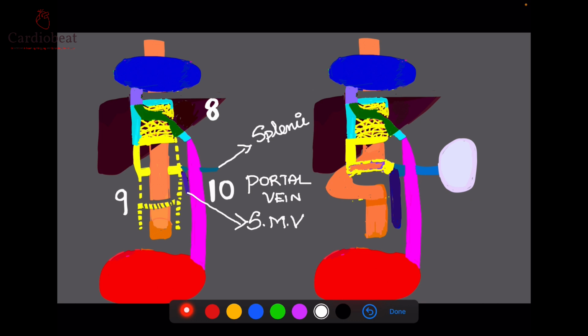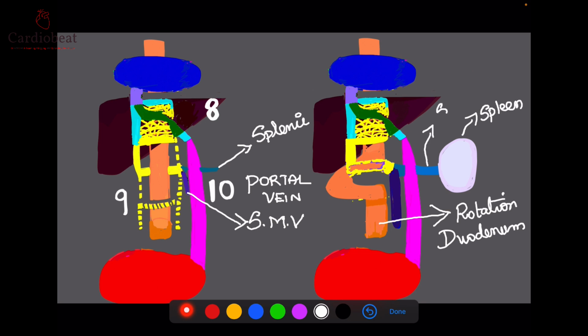In the last picture, you could see the rotation of the gut, namely the duodenum, and how this is the spleen, this is the splenic vein, this is the superior mesenteric vein.